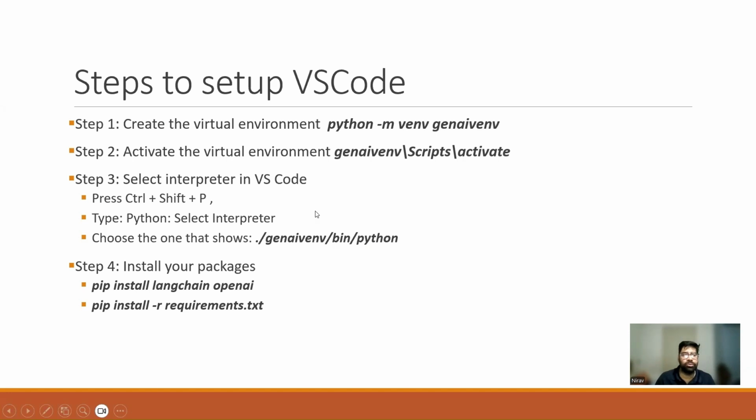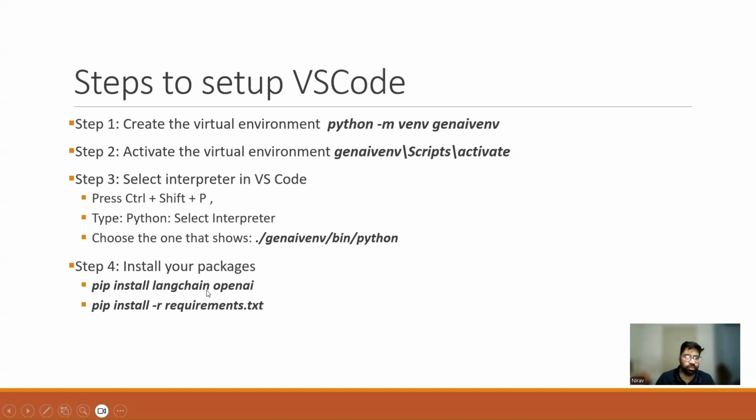Then you need to select the interpreter. And how do we go there? You need to press Ctrl+Shift+P. And then there is a Python: Select Interpreter option. Choose the one which is whatever virtual environment you have created, that will be there. You need to select it. That's it. And then you can install libraries, whatever libraries you're looking for.